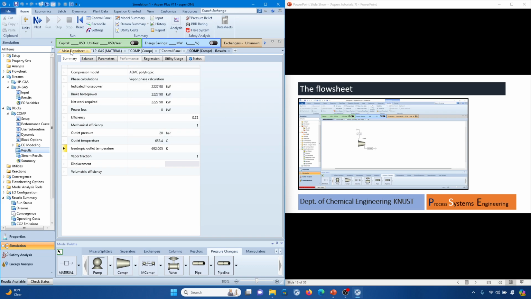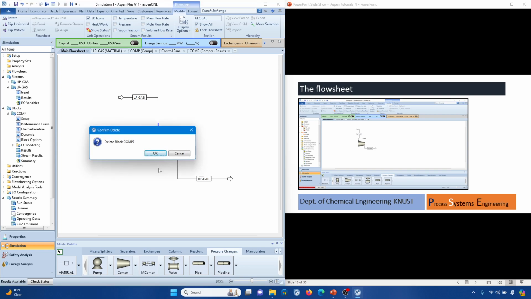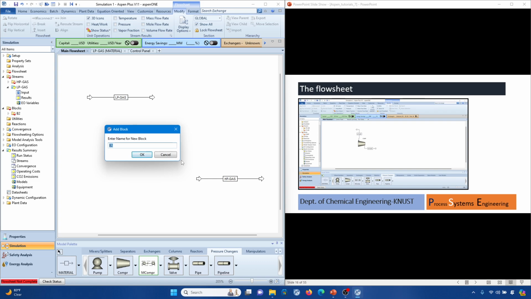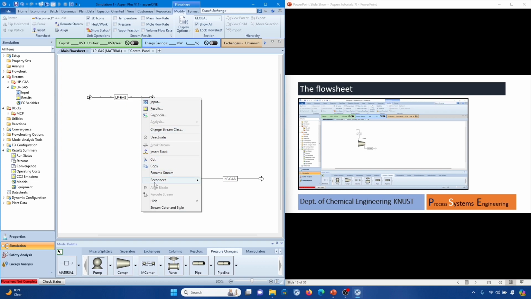So we can use a multi-stage compressor with interstage cooling to achieve this. We'll delete the single compressor and reconnect our stream.